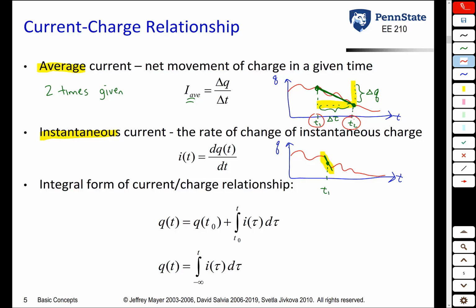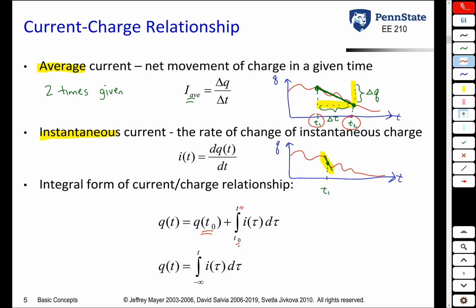Anyway, since instantaneous current is a differential relationship between charge and current, you can reverse that and you can get that the charge is nothing more than the integral of the current. And the one thing I want to point out here is it is a definite integral. So the charge at any time t is the initial charge at time t naught plus the integral from t naught to t of the current.